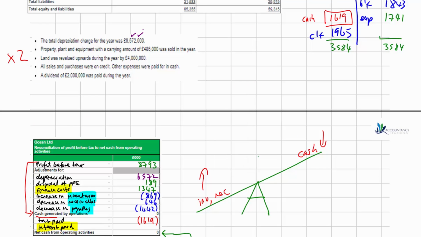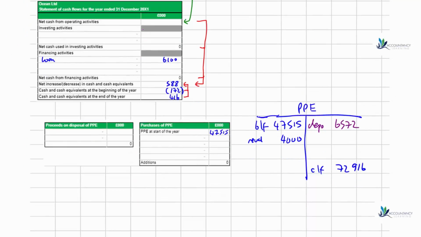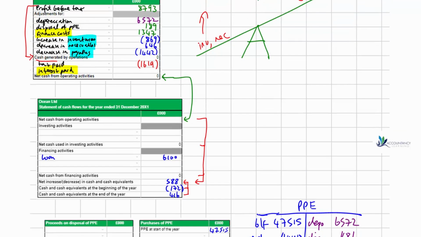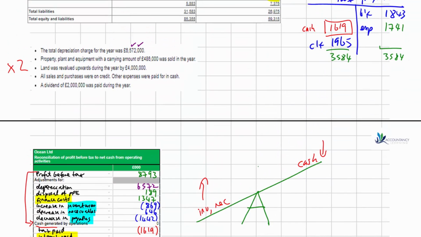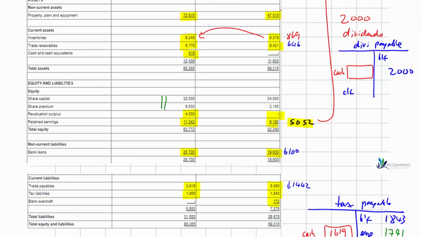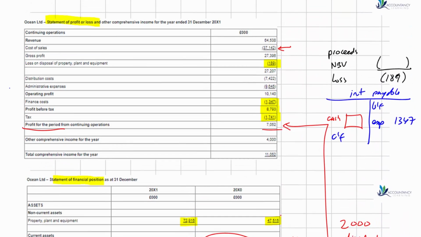Next, it tells us the property, plant and equipment with a carrying amount of 486 was sold in the year. So that means I can put it into my property, plant and equipment working. My book value goes down by 486. That's a disposal on the credit side. But remember, each of these numbers needs to appear twice. So where else am I going to use that disposal? Well, I started a working over here with our disposal. We got 486 as my net book value.